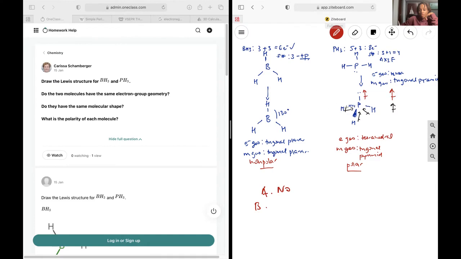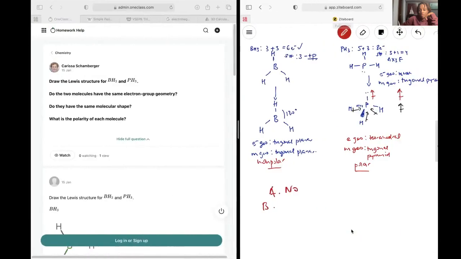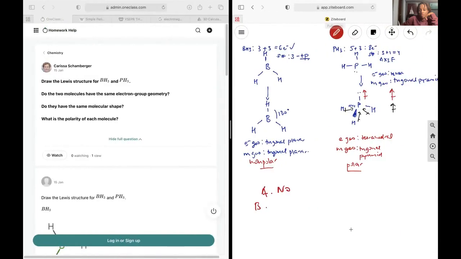That's why I have one hydrogen going back, one coming out, and so it will look basically like a tripod. And so those two are obviously not the same thing. And so the answer to B is also no.